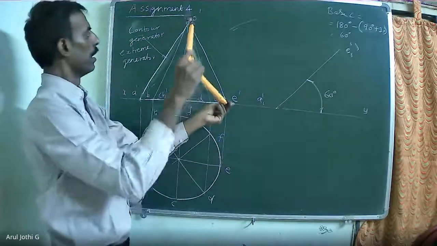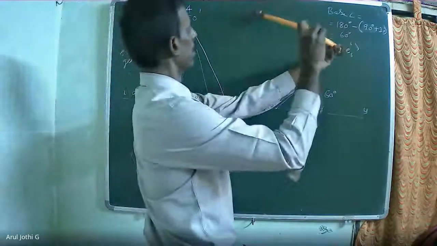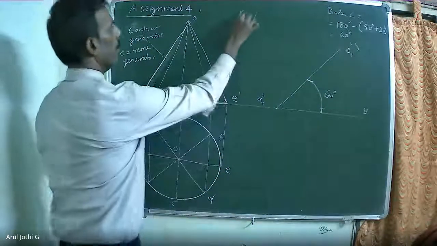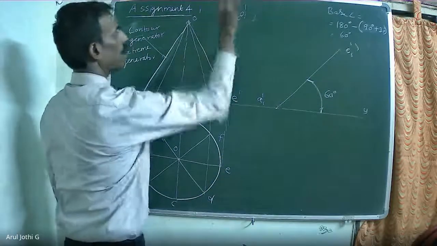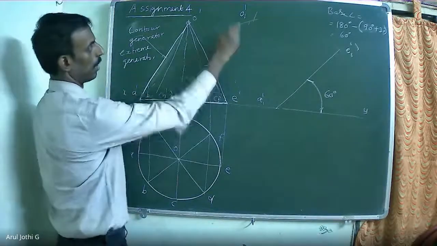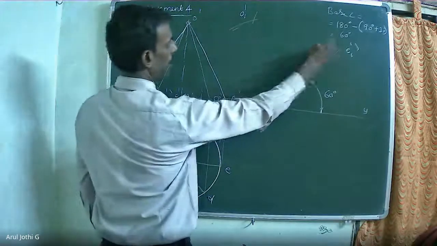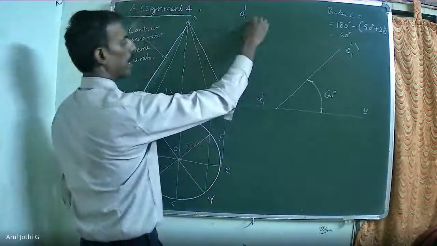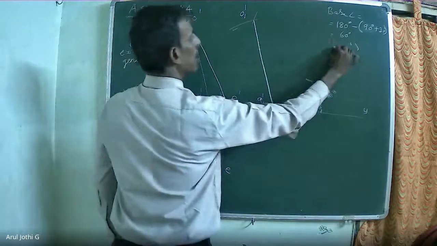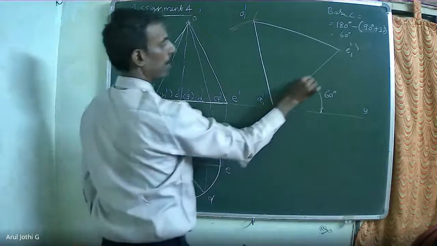Similarly measure EO. With E as the center point, draw the arc. This will be O1 dash. With AO as radius from here draw the arc, and with EO as radius from the point E draw the arc. You will get the tilted shape of the cone. The baseline will be available here.